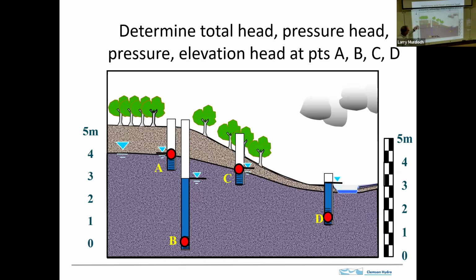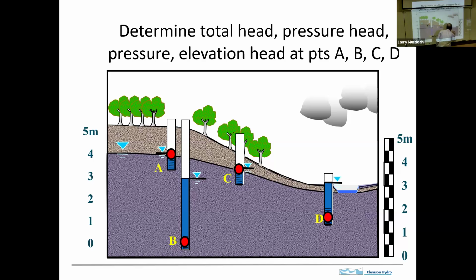Okay. So we can keep going. The total head right here is about 4. And right here, it's say 3.5.